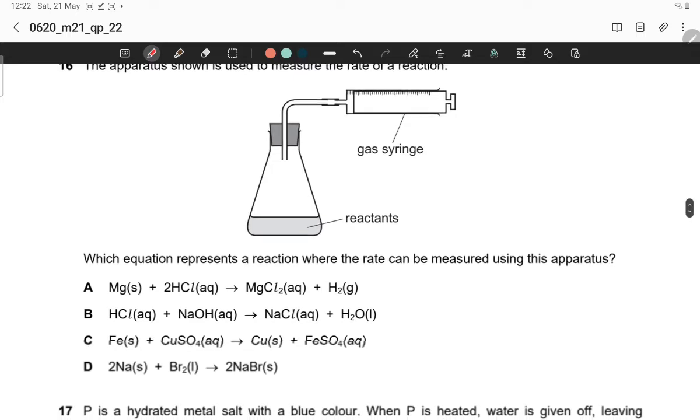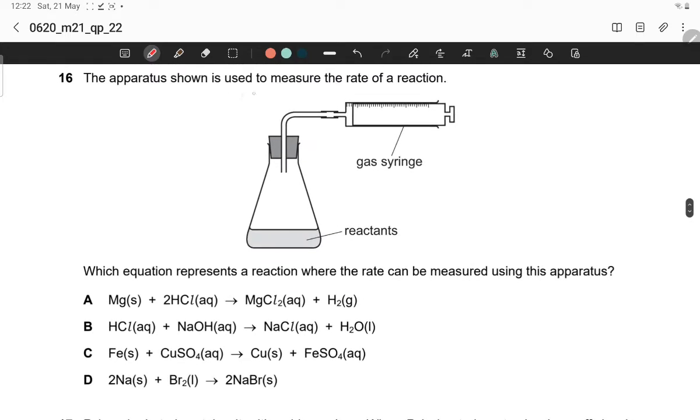Question number 16. The apparatus shown is used to measure the rate of reaction. Which equation represents a reaction where the rate can be measured using this apparatus?